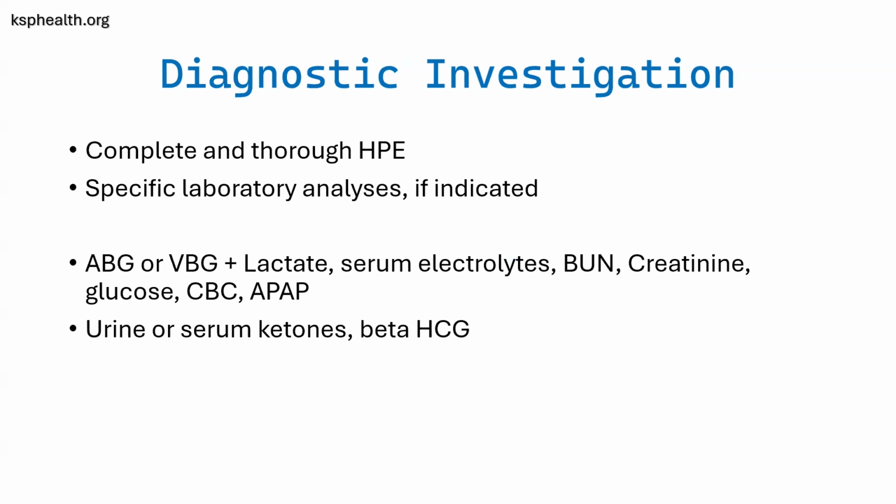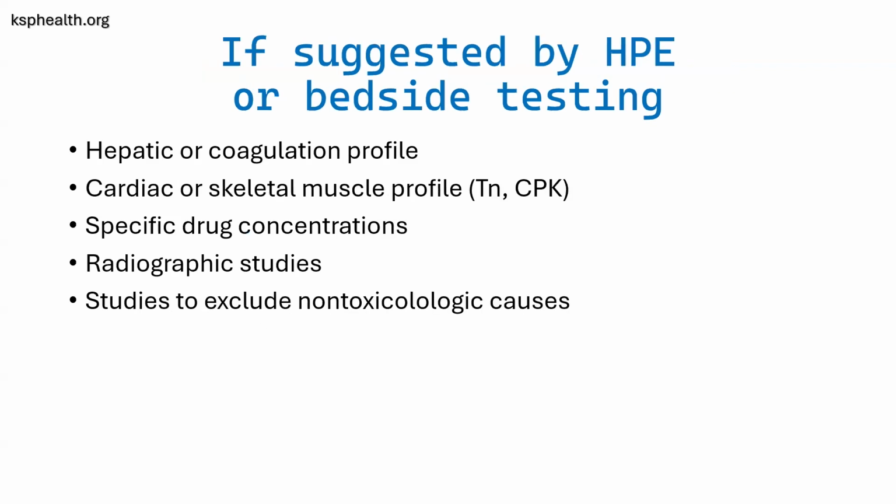The diagnostic evaluation includes history and physical and specific laboratory analysis. That includes blood gas, lactate, serum electrolytes, BUN, creatinine, glucose, CBC, and APAP, urine and serum ketones, and beta-hCG, especially in females in the reproductive age group.